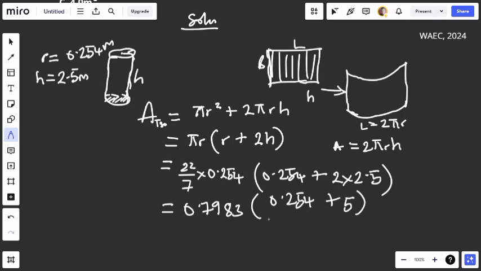You first add these two, and then when you multiply both of them, you have 4.0386.